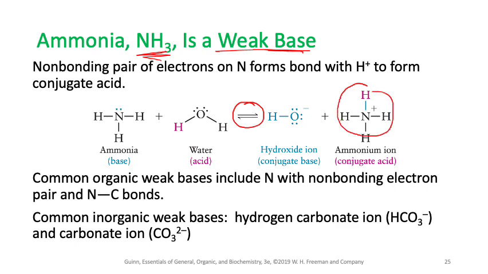And that's why ammonia is a weak base. So that means ammonia is not converting completely to ammonium ion, right? So this is how you can figure out whether a base is a weak base or a strong base, by looking at the arrow over here.